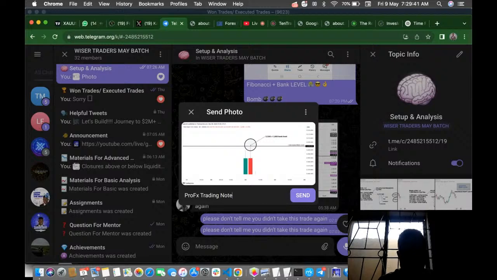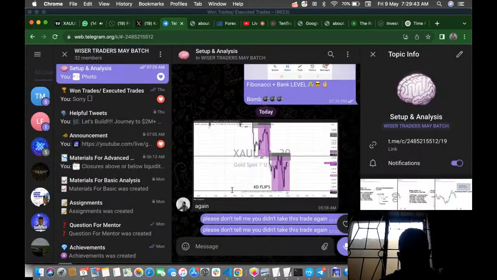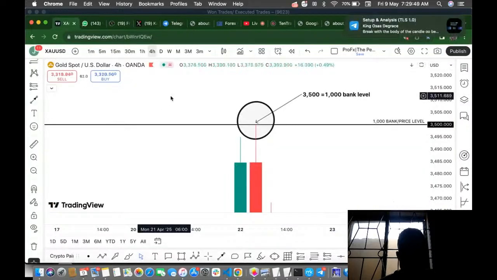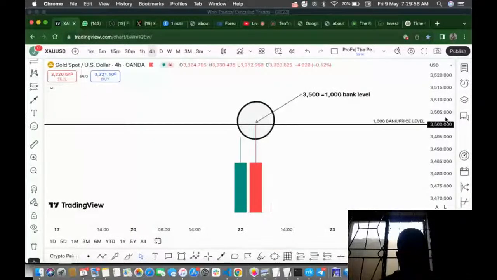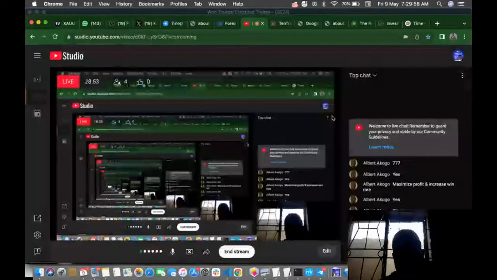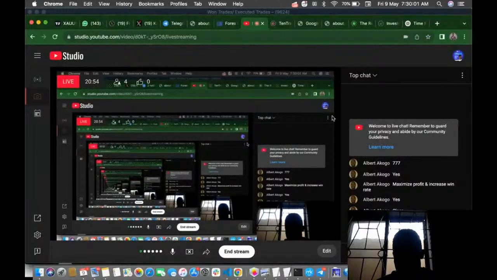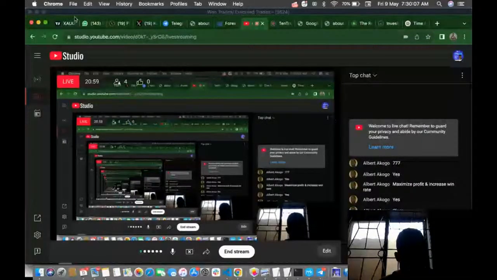But the journey is always from 1,000 to 1,000. If price can't get to the 1,000, it will get to at least the middle or the quarter.